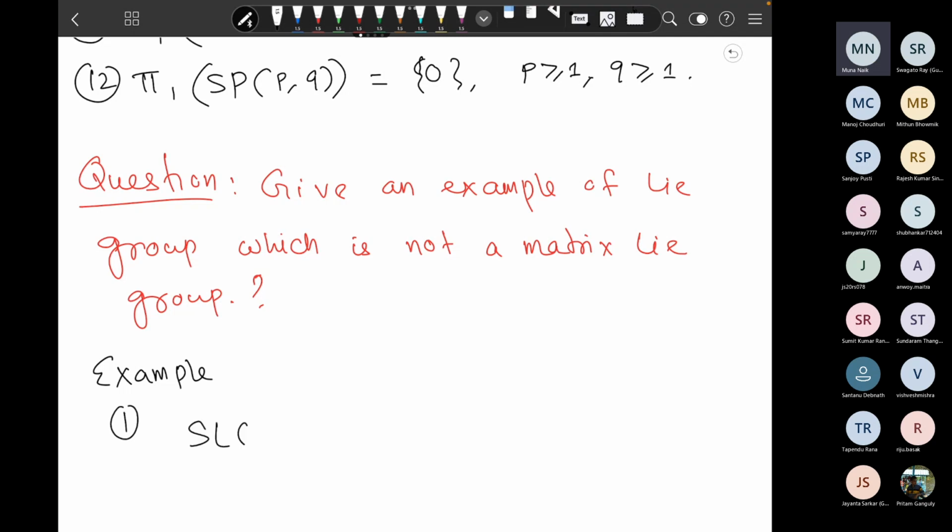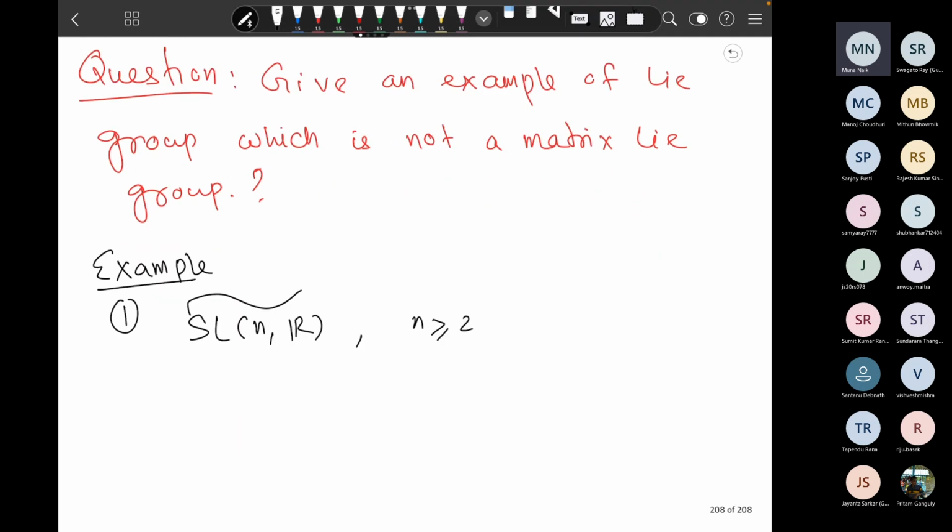First, you take the universal cover of SLnR for n greater than or equal to 2. It is known that if G is a Lie group, then its universal cover is also a Lie group. So this is the universal cover of SLnR.